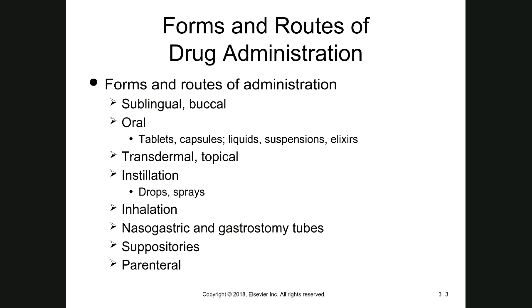We're going to go over the forms and the routes of drug administration. Forms and routes of administration can be sublingual, which is under the tongue, buccal, which is in the cheek area, and oral, which is the most convenient, in the form of tablets and capsules.